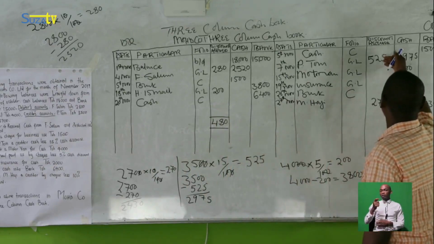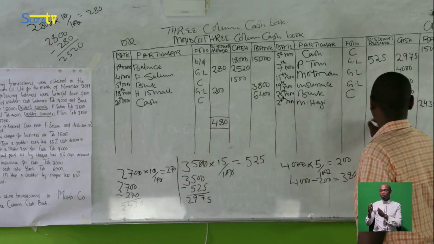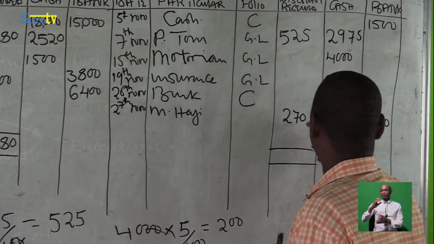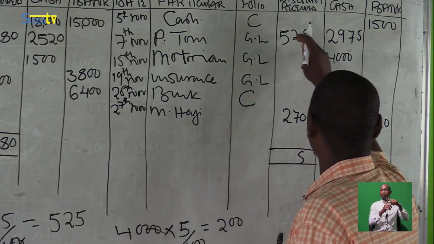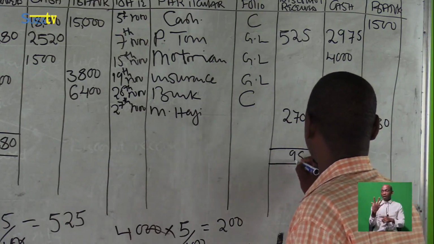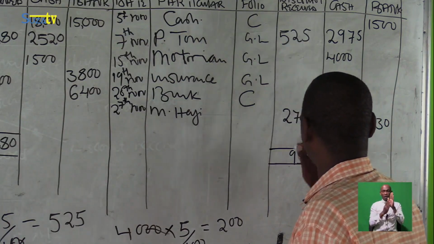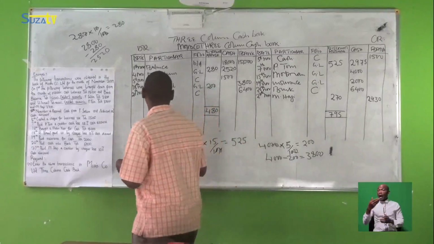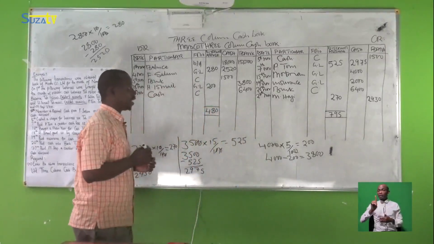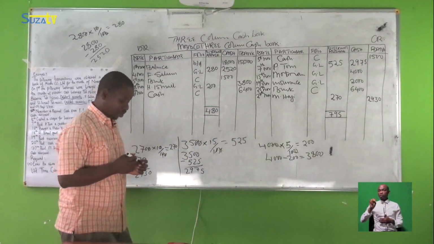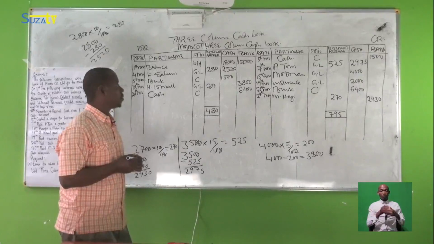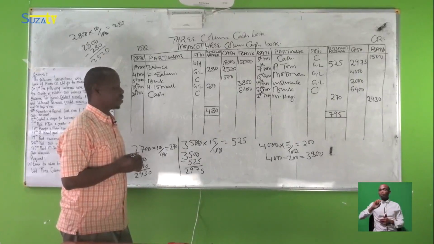You take the discount received, 580, you get 582.7. After finishing, close the discount allowed and the discount received, then close the cash column, and then close the bank column.